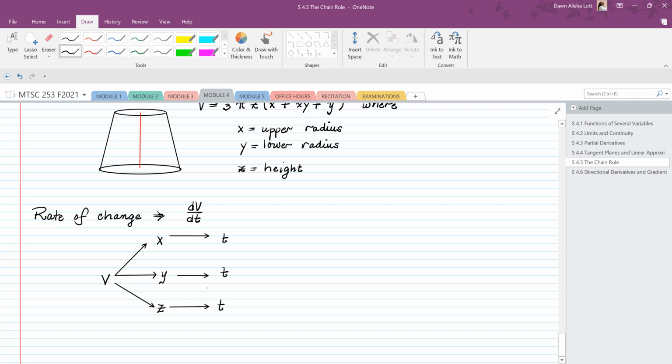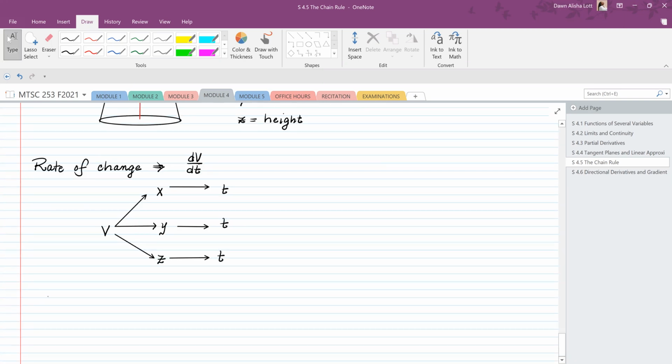So I can use the chain rule to get dV/dt. It is going to be the partial of V with respect to x times dx/dt, plus the partial of V with respect to y times dy/dt, plus the partial of V with respect to z times dz/dt.